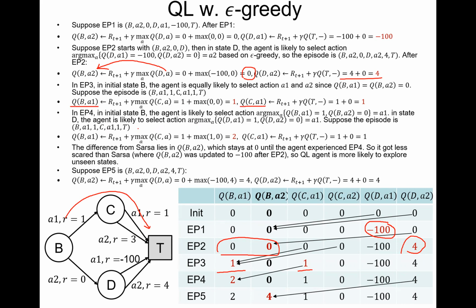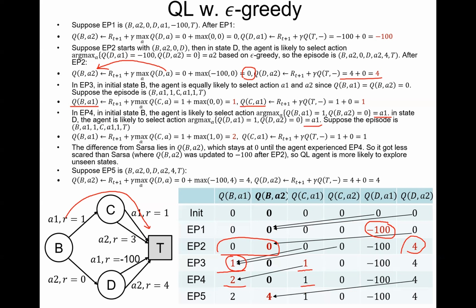And then in episode 4, QBA1 is higher, so it's more likely to choose action argmax, A1. So in D, the agent is likely to choose the argmax action, which is A1. So now you update the Q values to be 2 and 1.